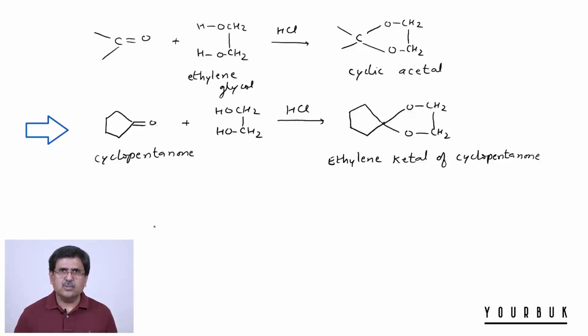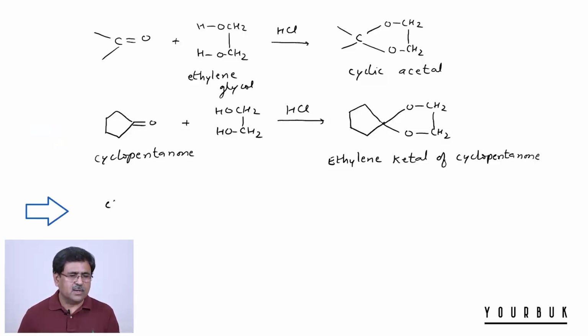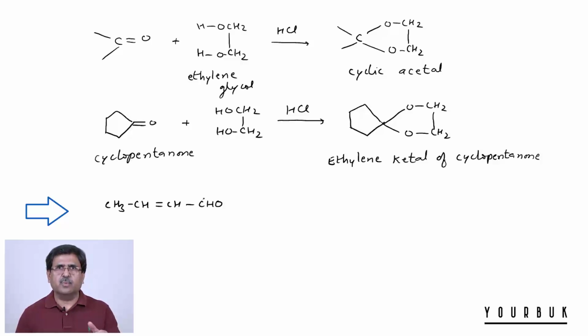And this formation of cyclic acetal or cyclic ketal can also be used to block or protect the carbonyl group from reactions. For example, if you are given this unsaturated aldehyde and you want to oxidize only the double bond without affecting the aldehyde, then you have to block the aldehyde group by forming this type of cyclic acetal.